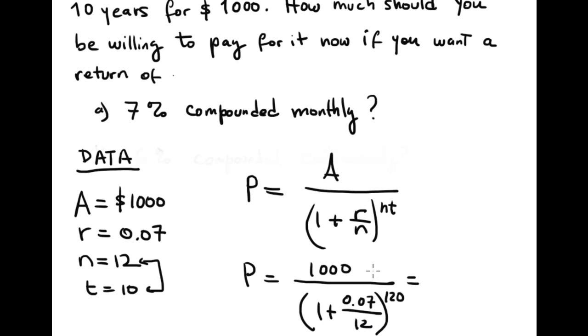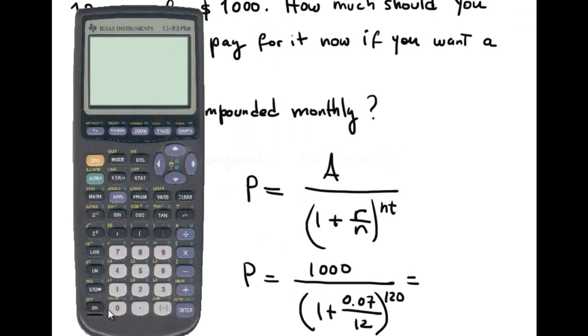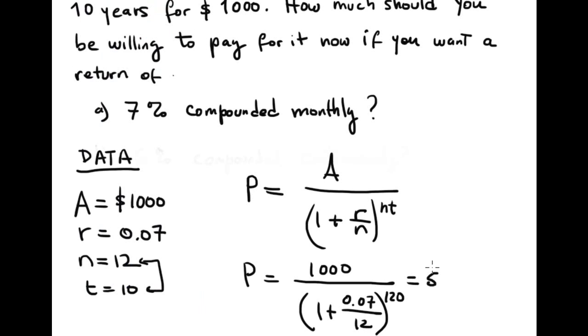Okay, now the calculator. Clear everything. 1,000 division parenthesis 1 plus 0.07 divided by 12, close the parenthesis, power 120. And the answer is $497.60.